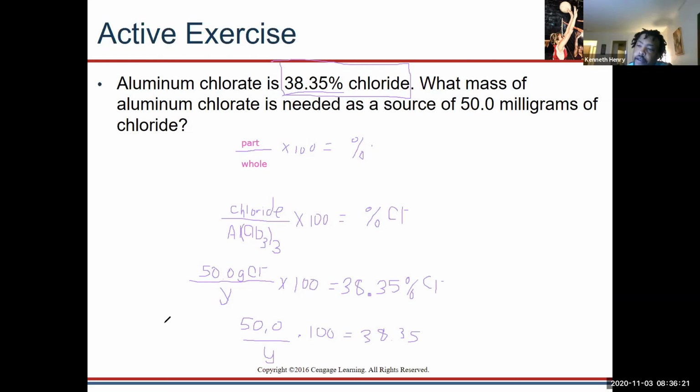Would that get, so then I'd have 1 over Y equal 38.35. Is that going to give me Y or is that going to give me 1 over Y?